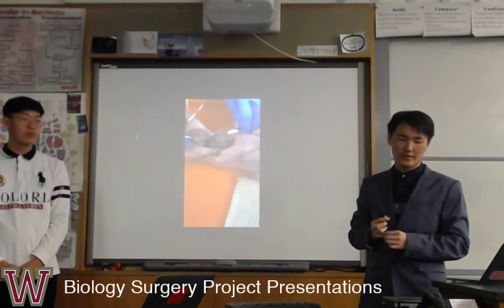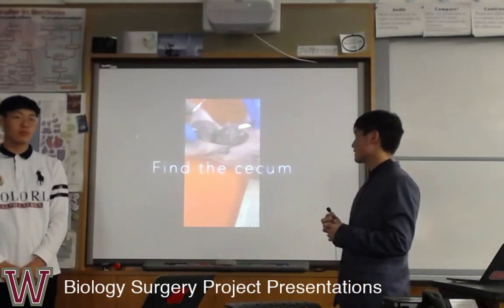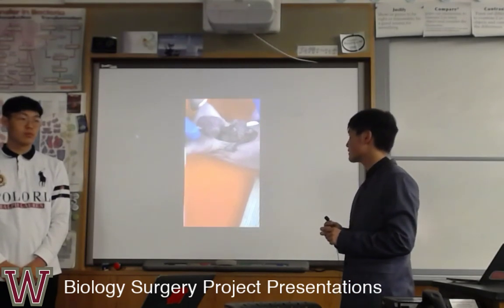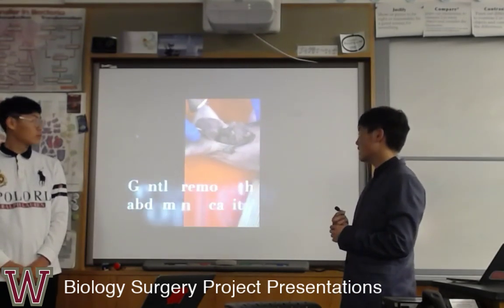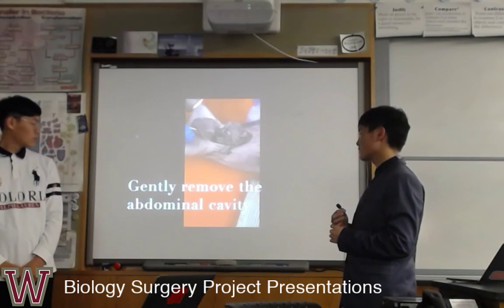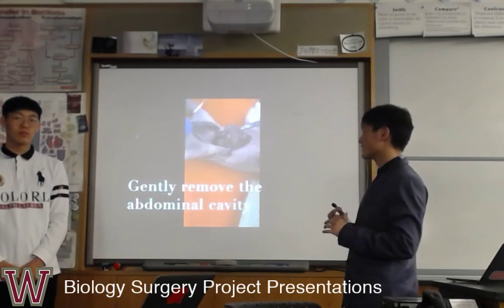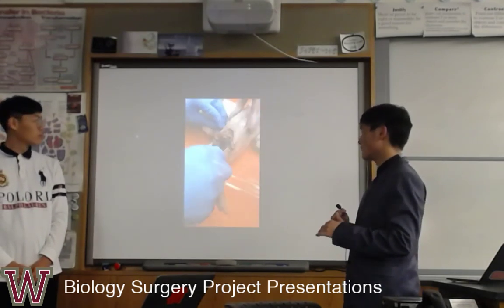For the next steps, we find the cecum and try to find the appendix. And we gently remove it from the abdominal cavity because it may break down if we remove it hard.